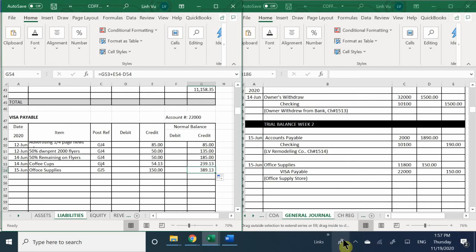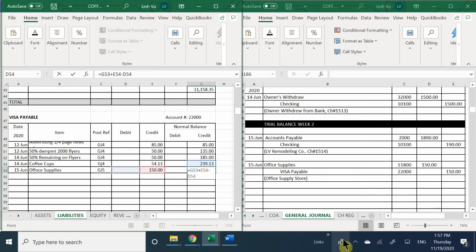Do you need the equation? Yes. The box above the equal sign, and then is it plus in the credit column and minus in the debit column? Make sure you do the debit all the way to the left.